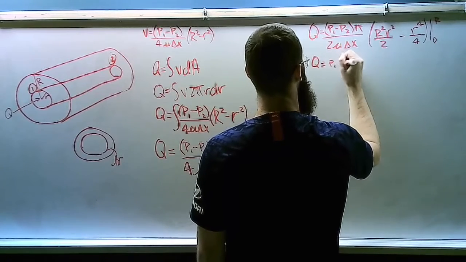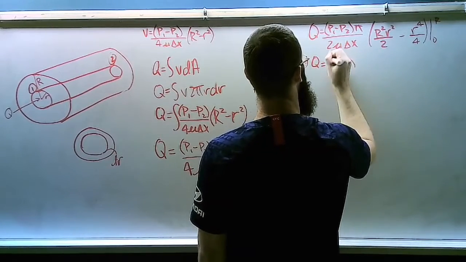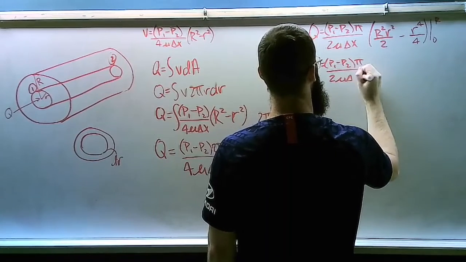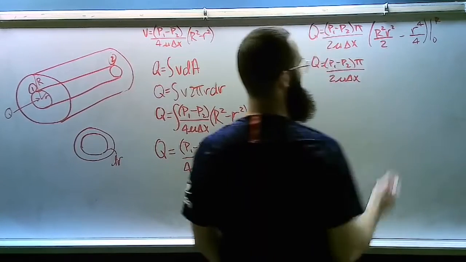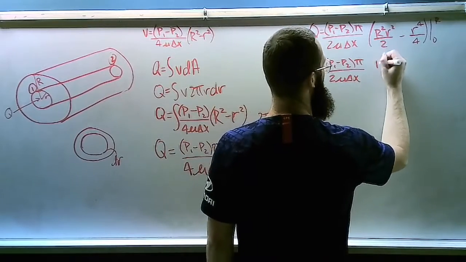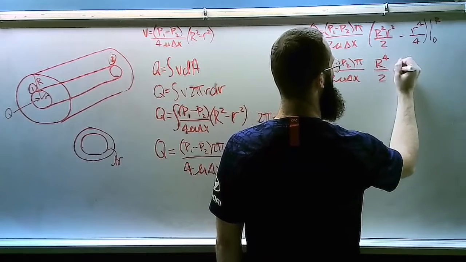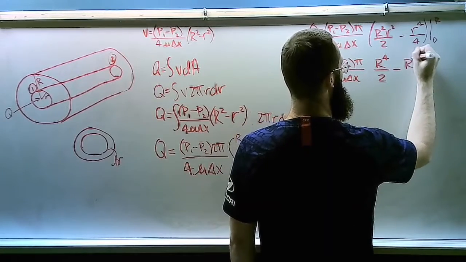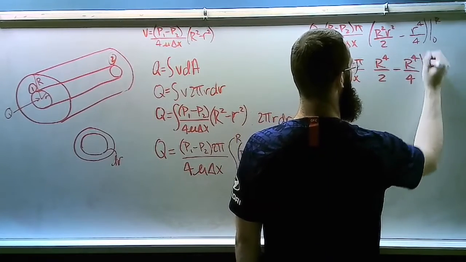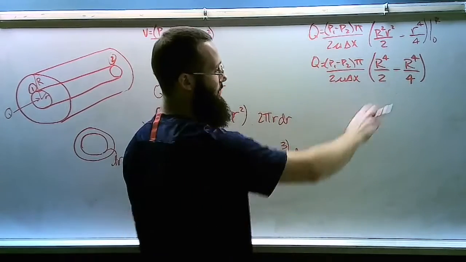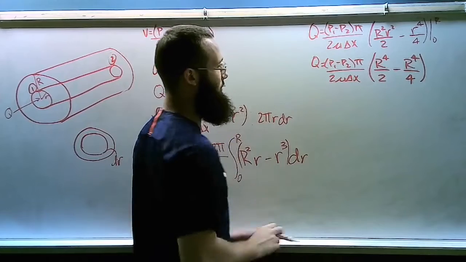That gives us P1 minus P2 is pi over 2 mu delta x. And this leaves us with r to the 4th over 2 minus r to the 4th over 4. So here you see we have basically 1/2 minus 1/4.